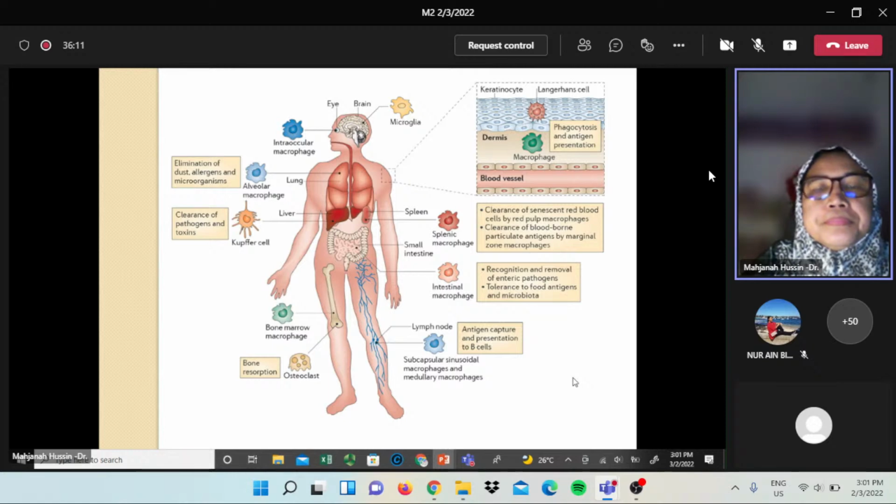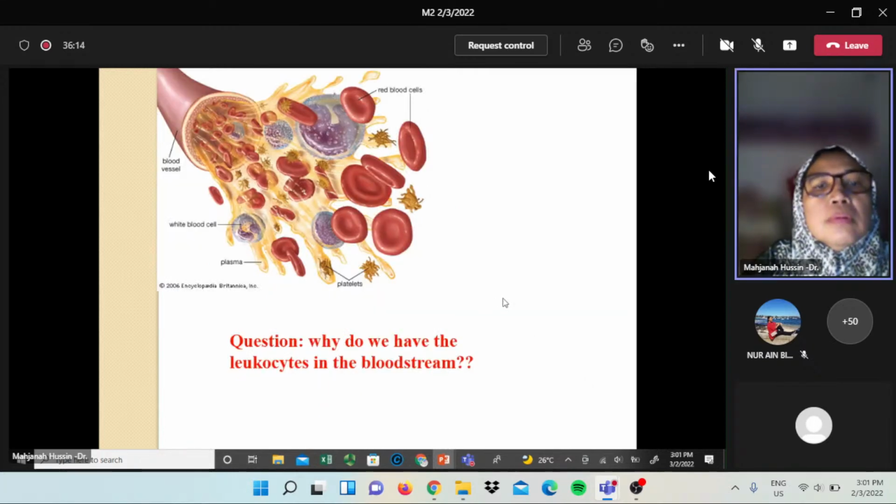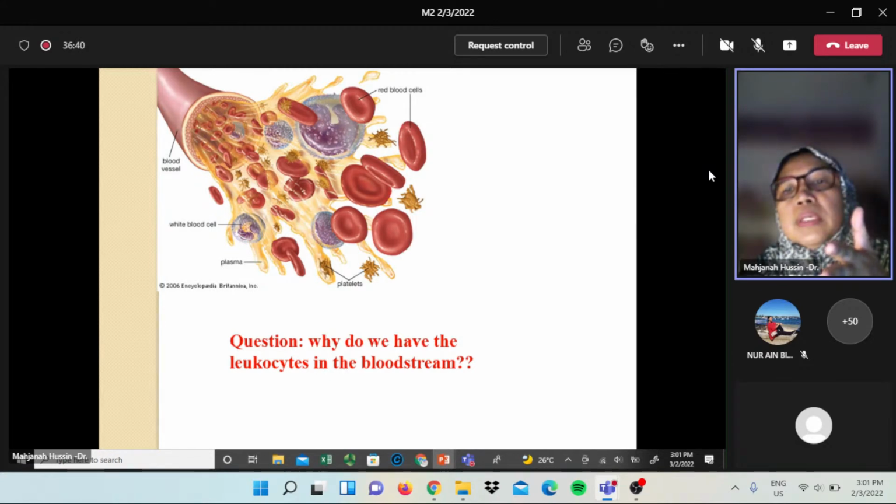Now this is your blood vessel. In there you have your white blood cells, you have plasma, you have platelets, you have RBC. Here are the components of your blood. If you are donating blood, the blood will be taken whole from you, 300 microliters at most. That blood will be separated into many components.